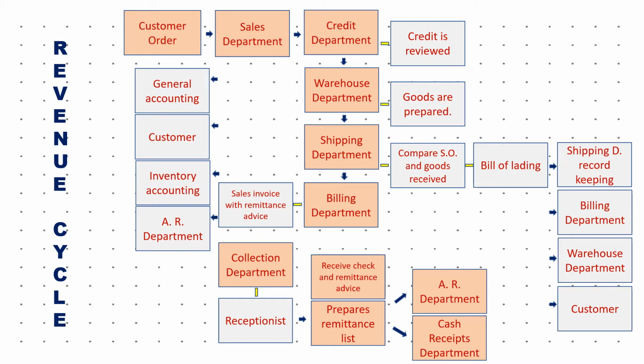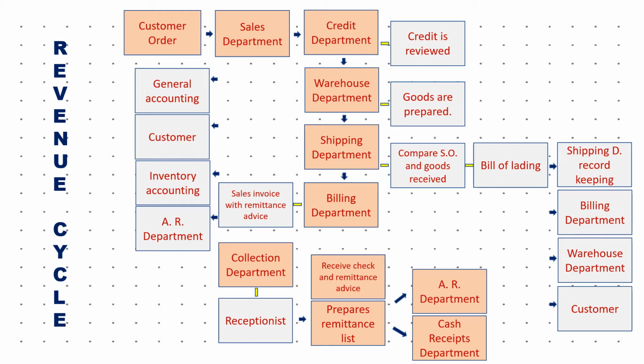So after maka-receive si billing department ng bill of lading, i-record niya yun, tas i-prepare niya yung sales invoice attached with the remittance advice. And then, ibibigay na naman kay customer and kay inventory accounting.